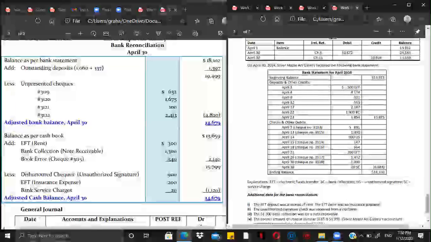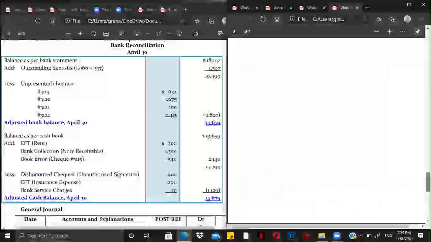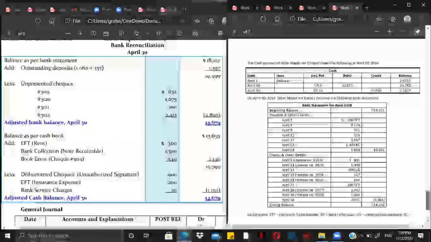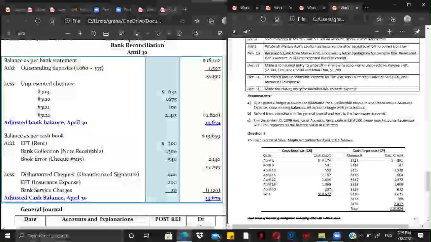So this showed up in our bank statement because, say for example, Olivia, you are supposed to pay me for some things that you bought, and you authorize your bank to pay to my account every end of month, or say every 6 months because it's a note receivable. So let's say every 6 months, and your bank paid the $1,300 to me.